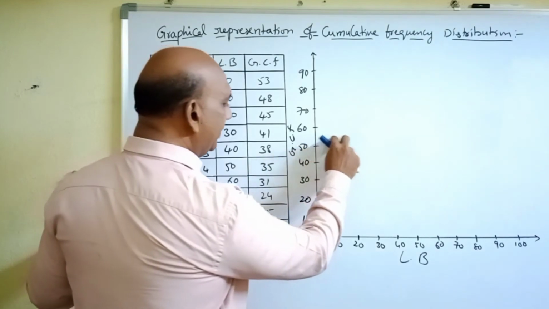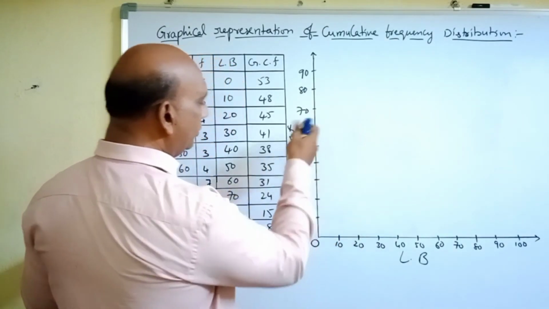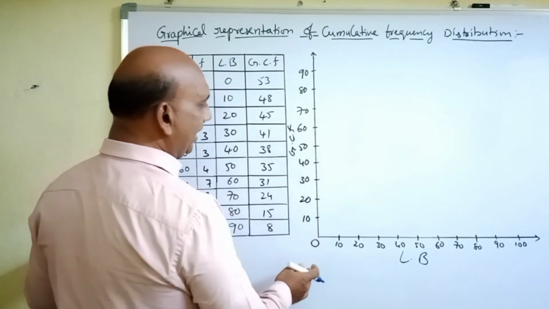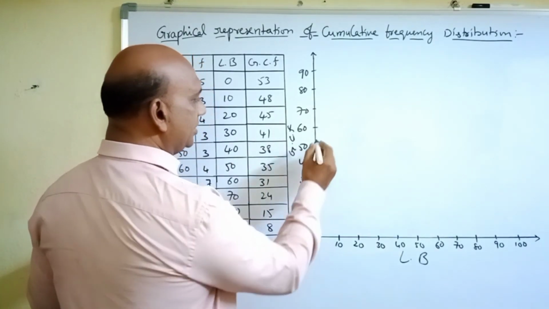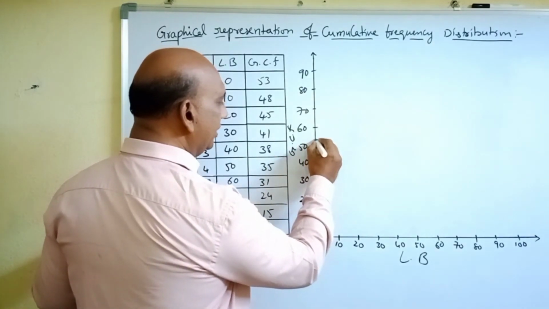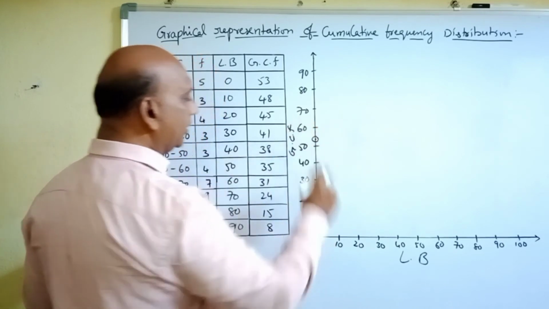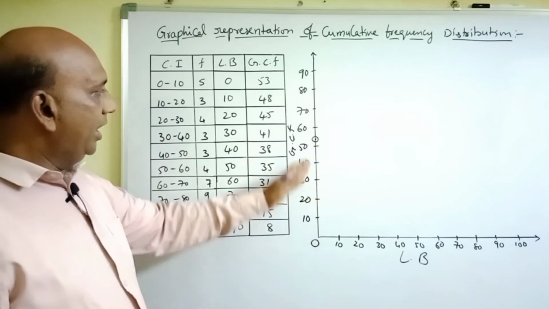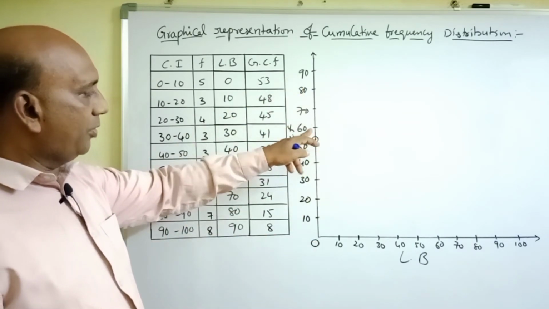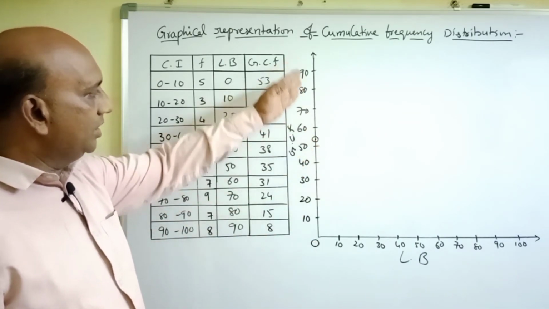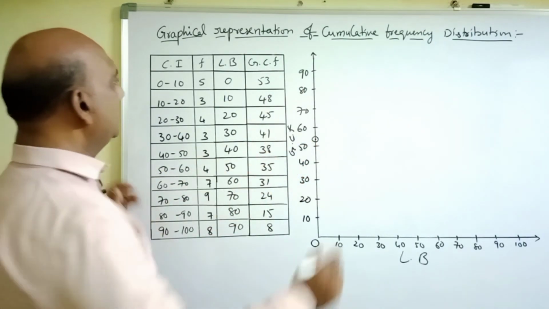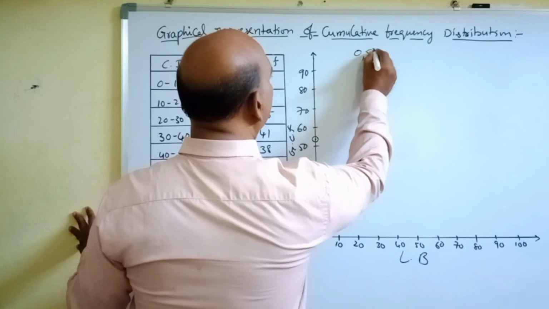The point of intersection of the perpendicular lines from 0 and 53 will be on this y-axis at 53. So that is the first point, 0 comma 53.